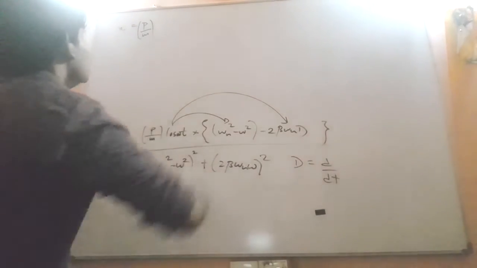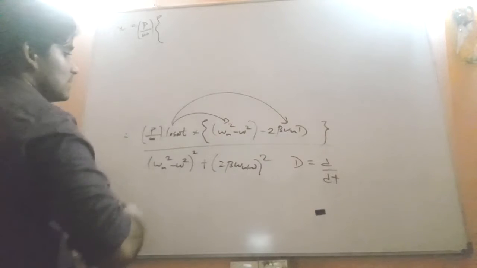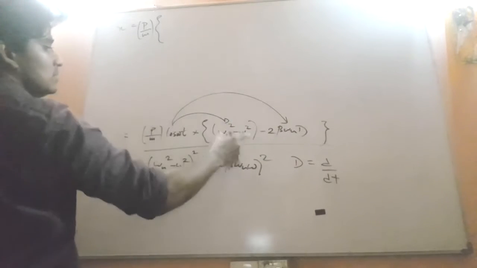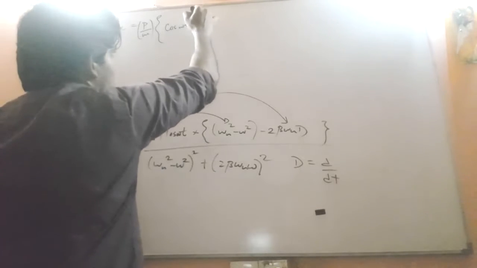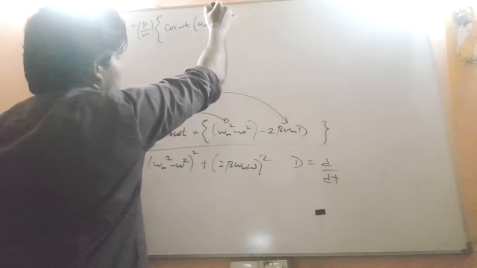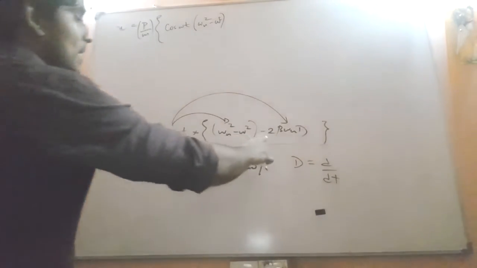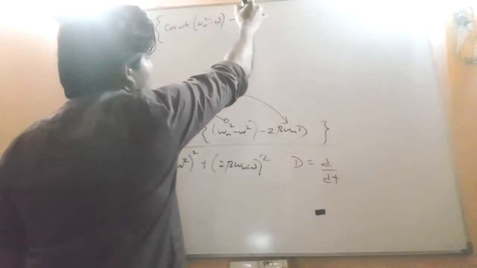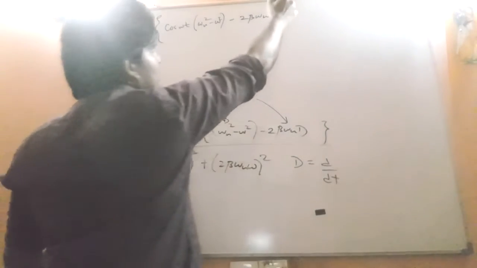So p divided by m you can keep as it is, then I will put larger brackets: cos omega t times omega n squared minus omega squared, no problem, minus 2 beta omega n d cos omega t.